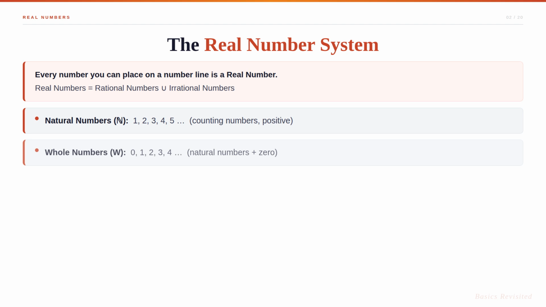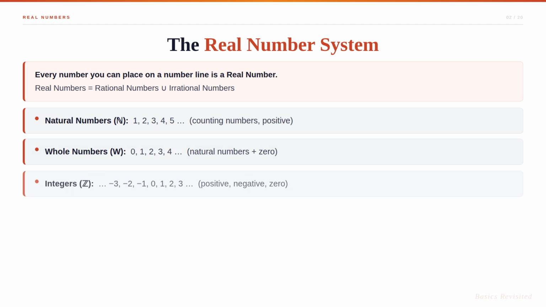Whole numbers include natural numbers plus 0: 0, 1, 2, 3, 4, and so on. Integers include all positive numbers, negative numbers, and 0: -3, -2, -1, 0, 1, 2, 3.